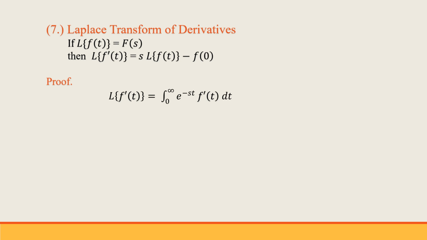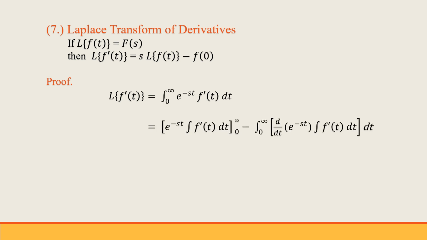So we get e raised to the power minus st into integral of f'(t) dt, limit from 0 to infinity, minus integral 0 to infinity d by dt of e raised to the power minus st into integral f'(t) dt.